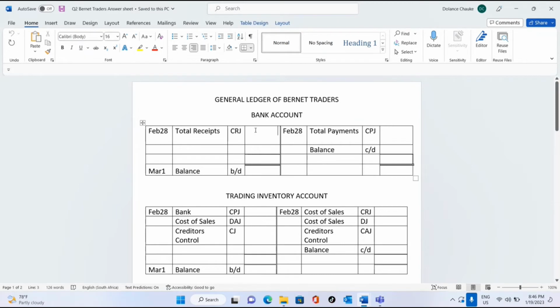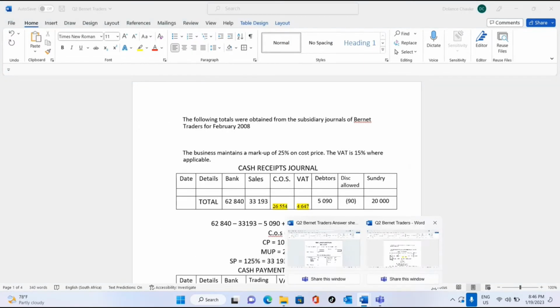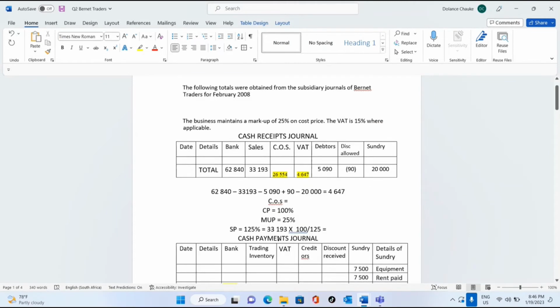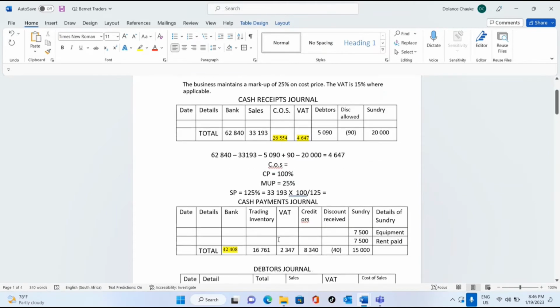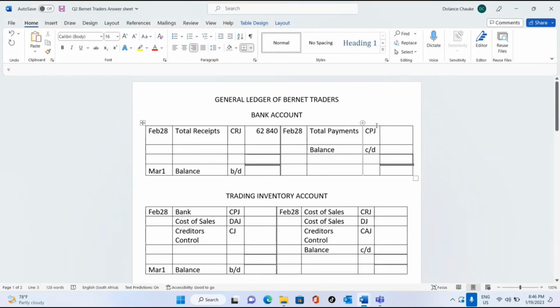You're going to come here and say 62840, and then again we go back to our calculations, and then we check our cash payment. Total cash payment is 42408. We go to our answer sheet and record 42408, right?